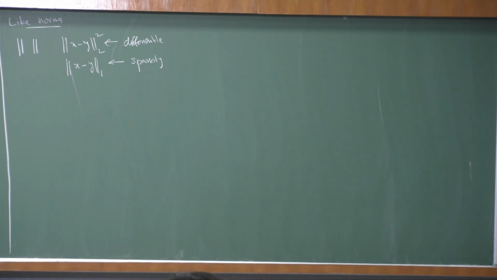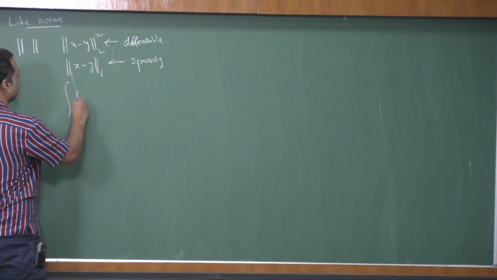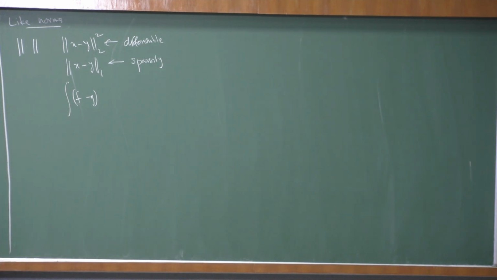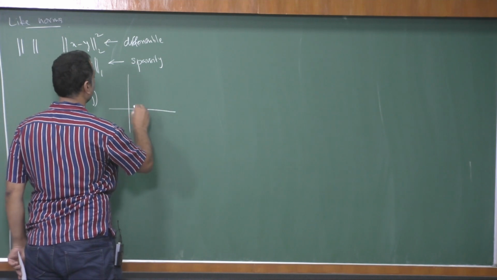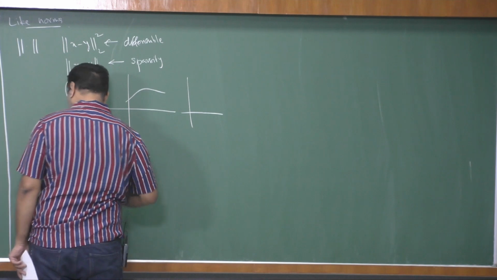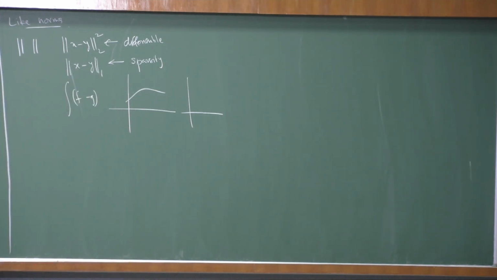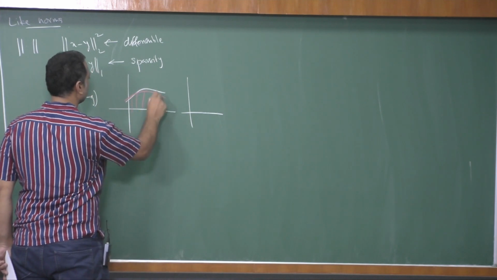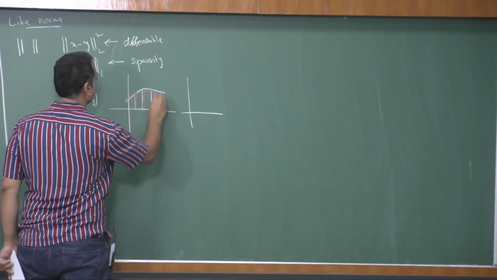And there are many norms. There are function norms, f minus g. How do I compare whether 2 functions are close to each other or not? I will take an integral and check whether the area under f and the area under g are close to each other.